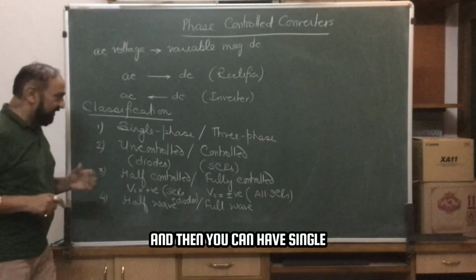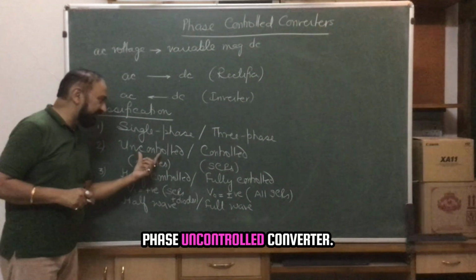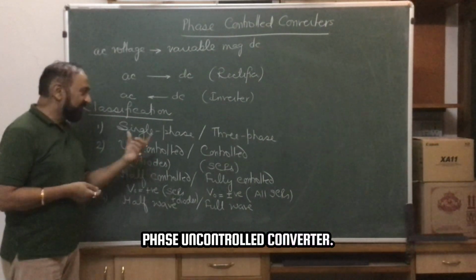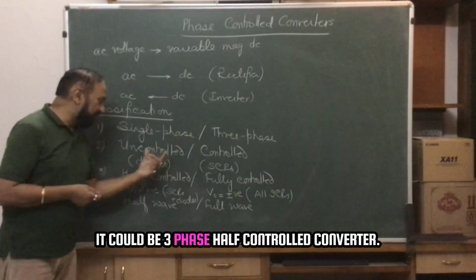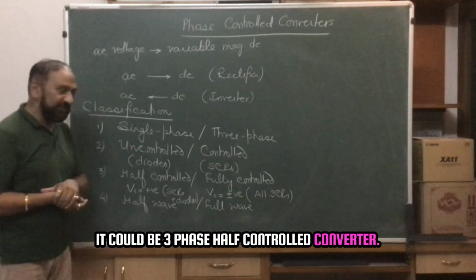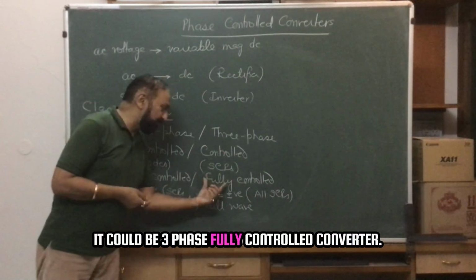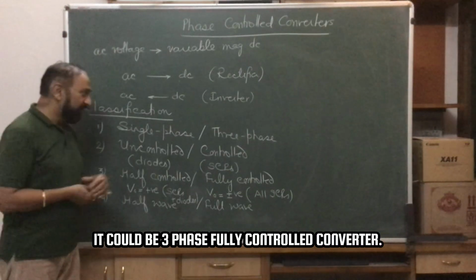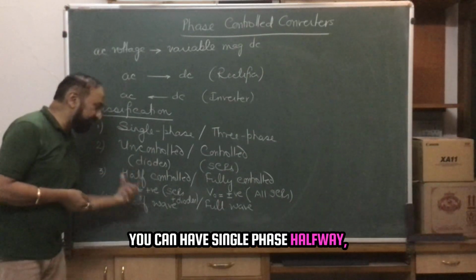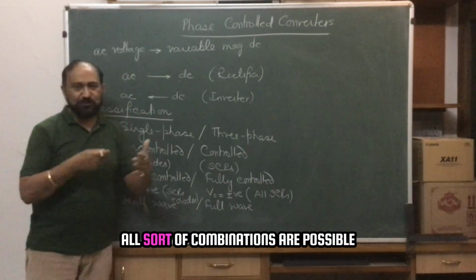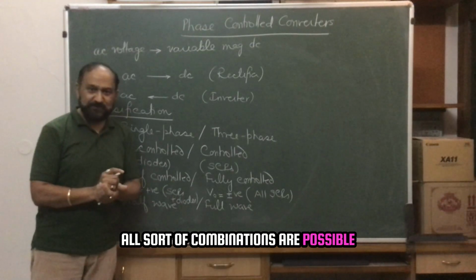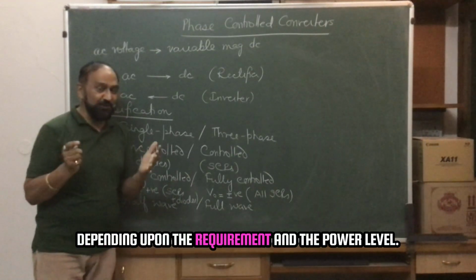And then you can have single phase uncontrolled converter, single phase controlled converter. It could be three phase half controlled converter. It could be three phase fully controlled converter. You can have single phase half wave. You can have three phase full wave. All sorts of combinations are possible depending upon the requirement and the power level.